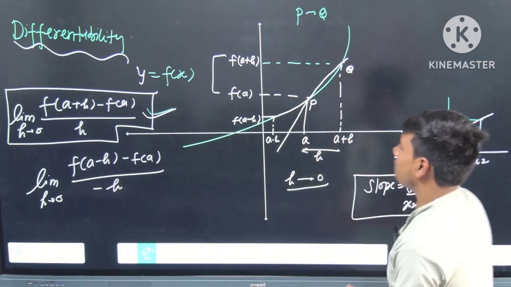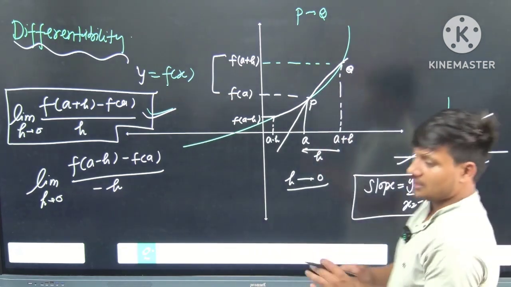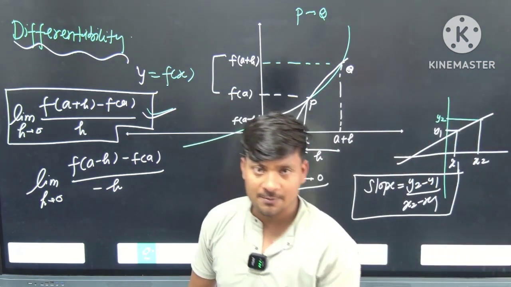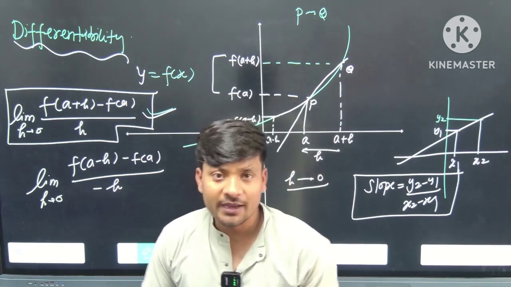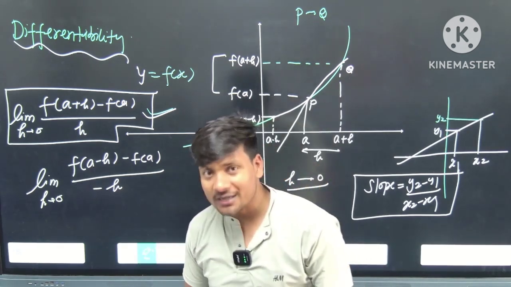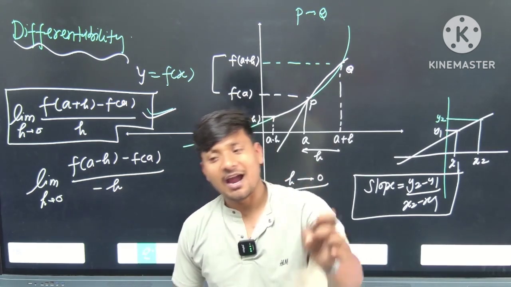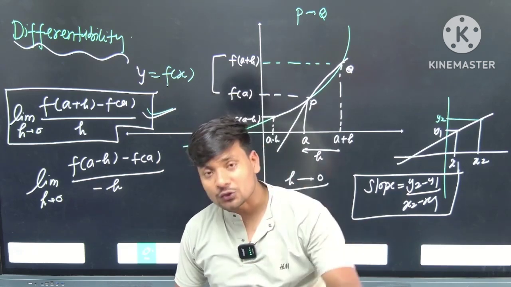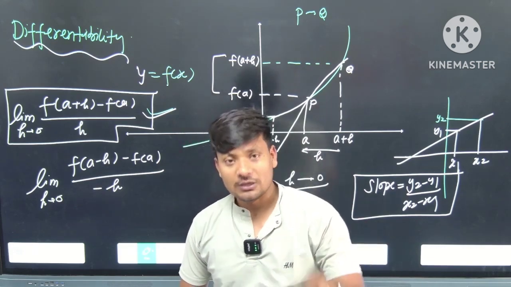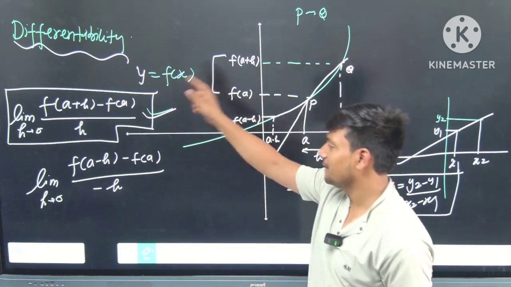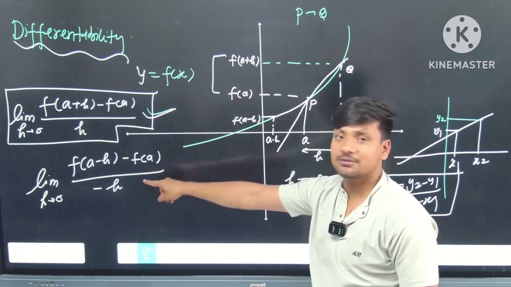Differentiability means a function will be differentiable at some point whenever it has a unique tangent at that point. A unique tangent means you should have a unique slope, and a unique slope means from left and from right it gives the same value.